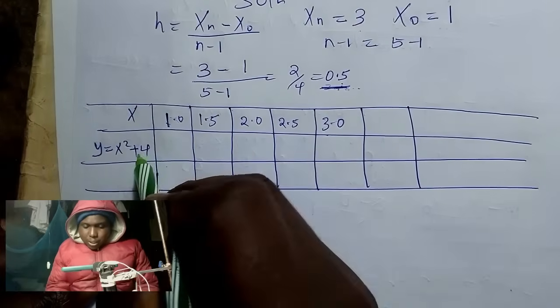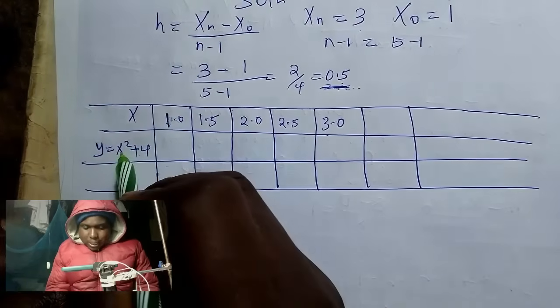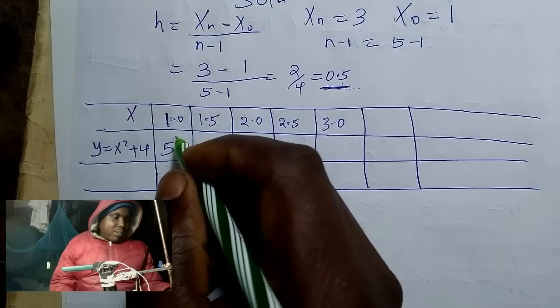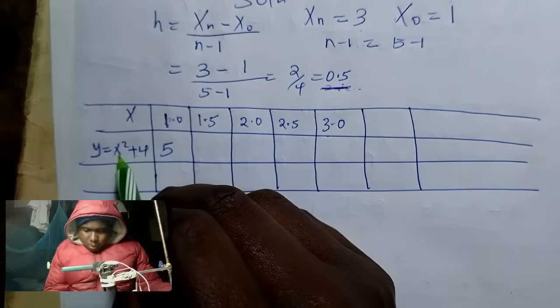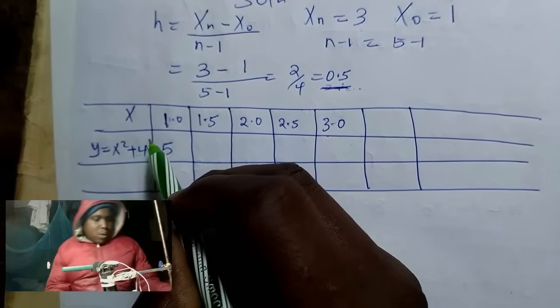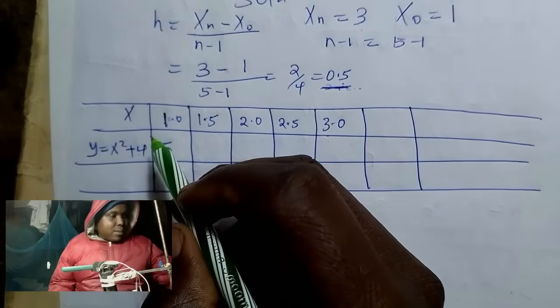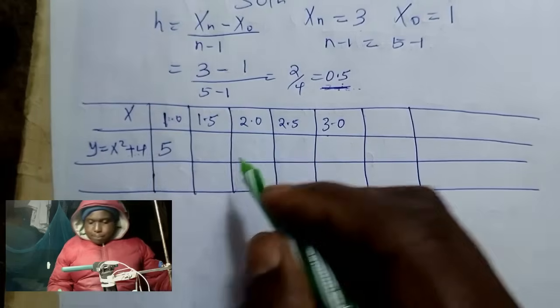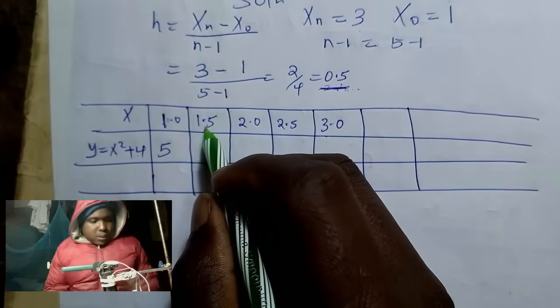Then the value of x now you substitute here. If you substitute 1 here, it's going to be 5, because this is 1 plus 4. So it equals 5. And then you substitute here.